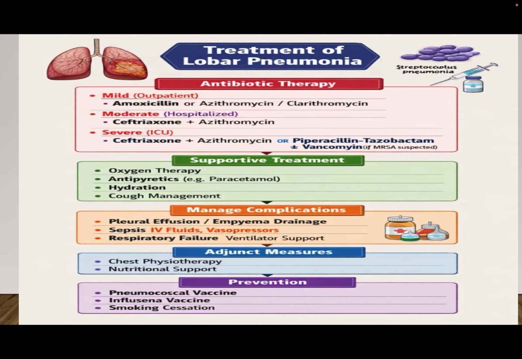Then, how can lobar pneumonia be prevented? Lobar pneumonia can be prevented by giving vaccines like the pneumococcal vaccine and the influenza vaccine.